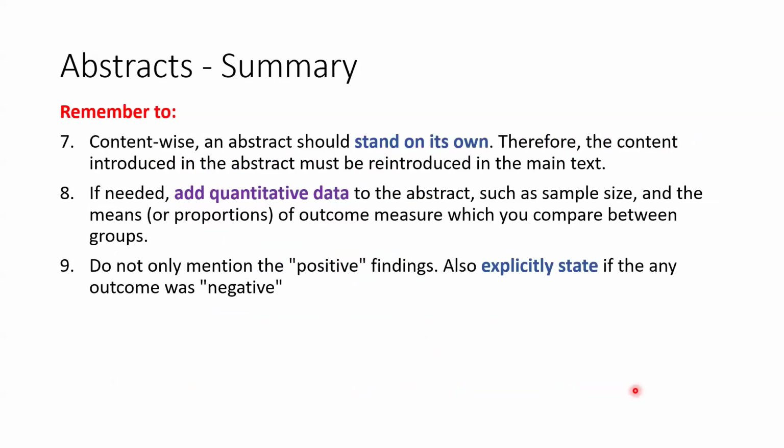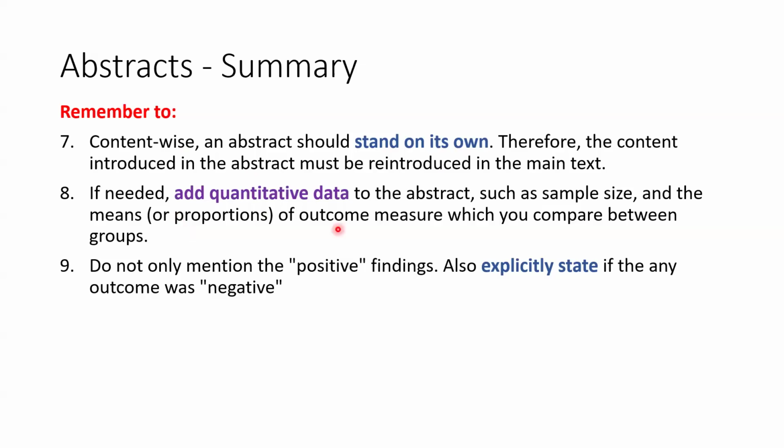And also remember to ensure that the abstract is content-wise self-contained. It should stand on its own. Therefore, the content introduced in the abstract must be reinforced in the main text, right? And number 8, you need to include numbers when appropriate, because numbers are easy to catch the attention and understand rather than descriptions, right?